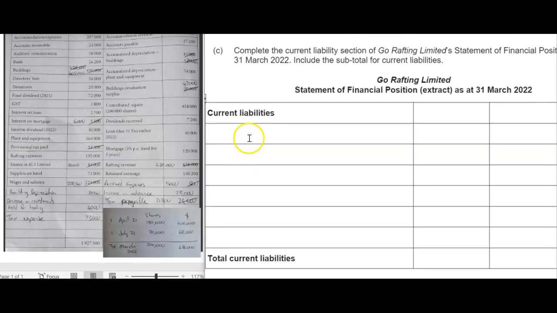Current liabilities, nice and easy. We're just taking them from the credit side here. So first one's accounts payable. Next one, the loan, see the date on that loan? And lastly, we've got our 3 balance day adjustments.